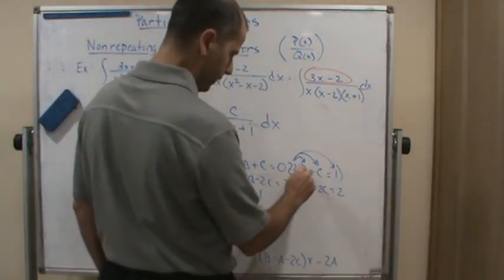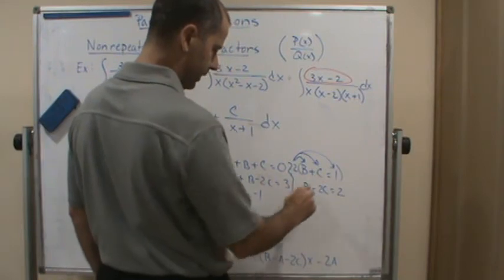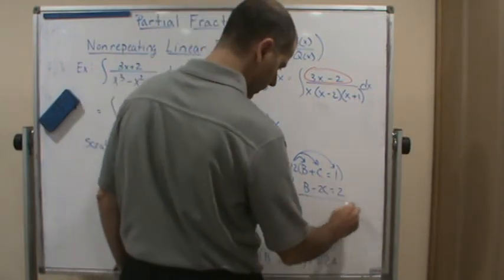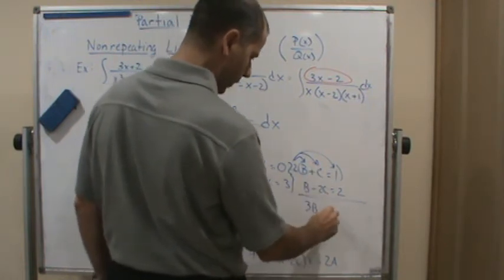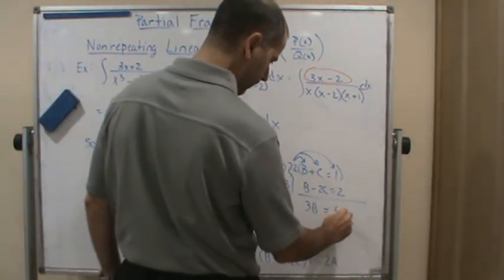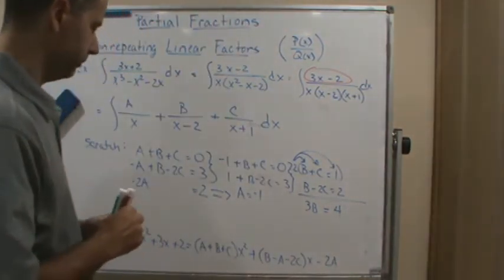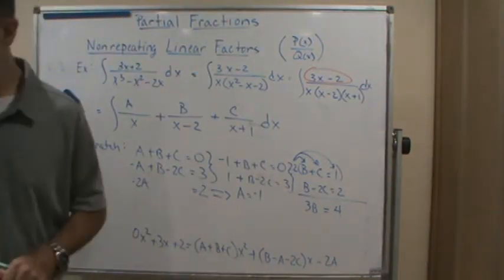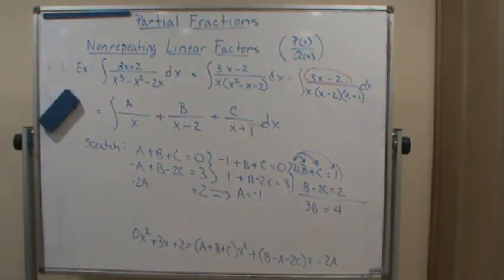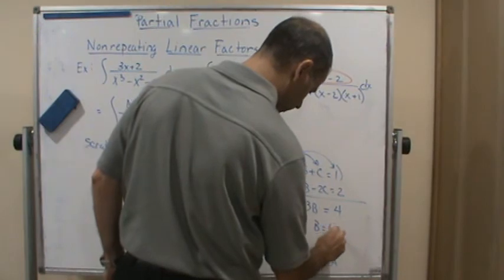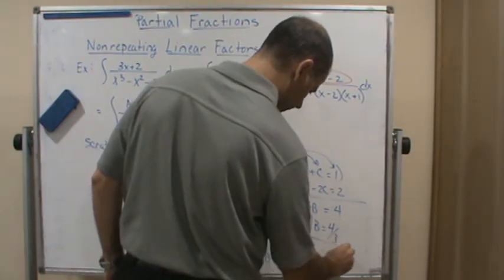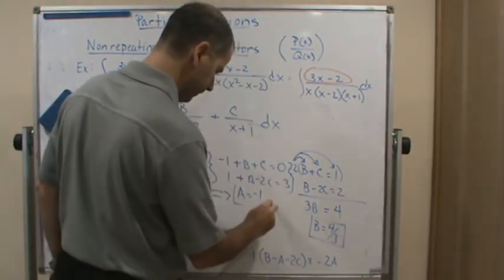So here I get 2b plus 2c equals 2. And if I add down, I get 3b, the c's go away, and I get 4. So I get 3b equals 4. And then I just solve, right? So then b equals 4/3. So now I've got two of them.